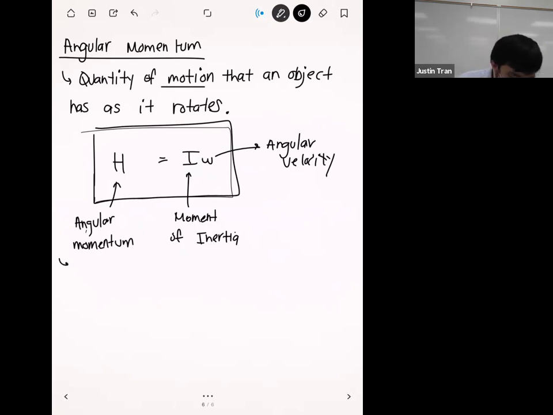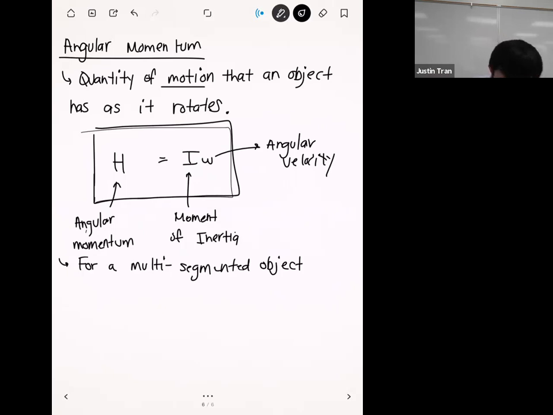All right. And so one particular aspect of angular momentum that we have to talk about for human motion is the fact that angular momentum can have multiple contributions. Okay. And so the human body is what's known as a multi-segmented object, okay? Because we're comprised of multiple segments.